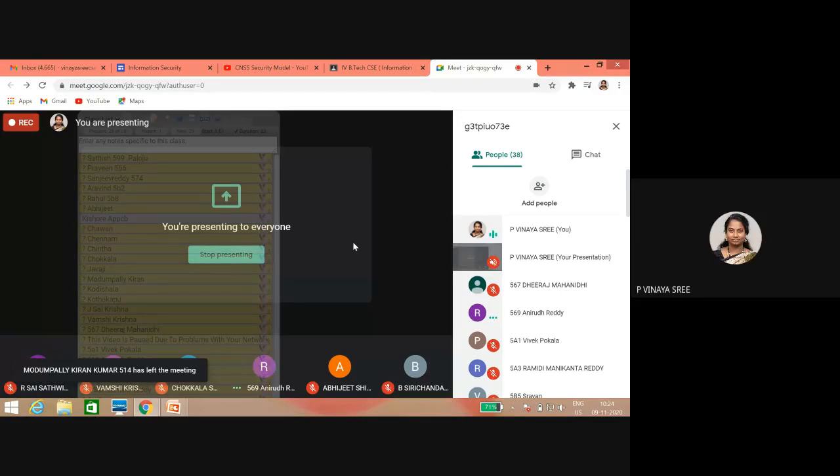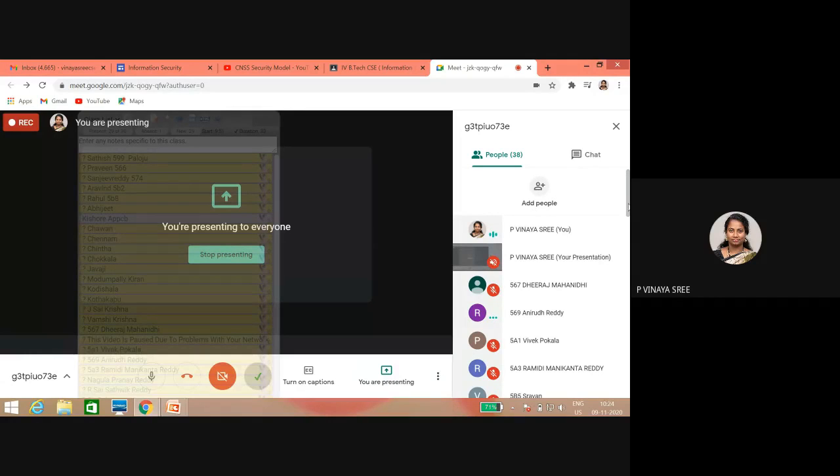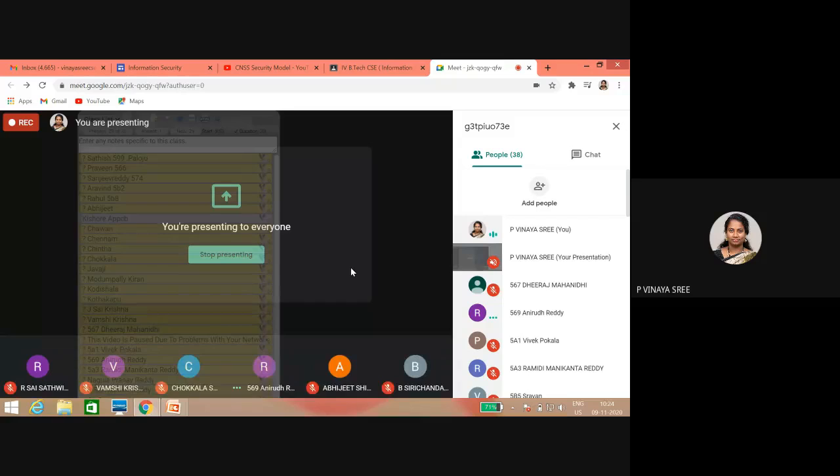Integrity, ma'am. Yes, integrity. In our integrity, it should be consistency. If you are in a location called Malkajgiri ATM center, you withdraw and your balance is 1,500.